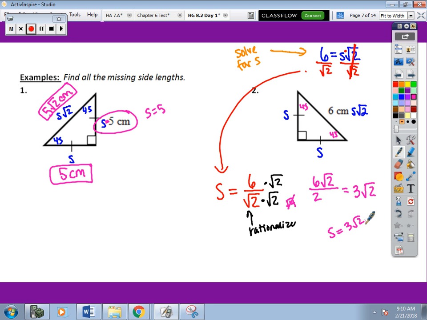Once you get the value of S, we just take and plug it in. So if this is S, this is 3 root 2, and this is 3 root 2. So this is the harder case, obviously.